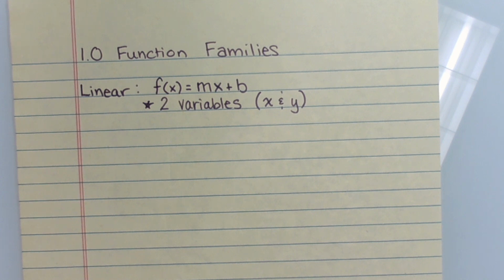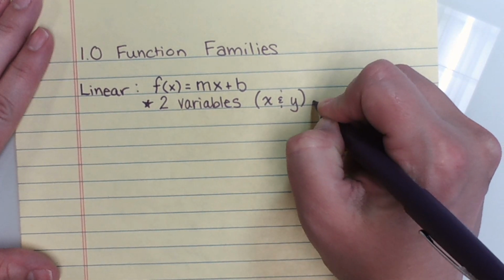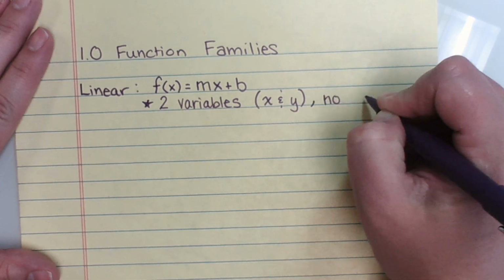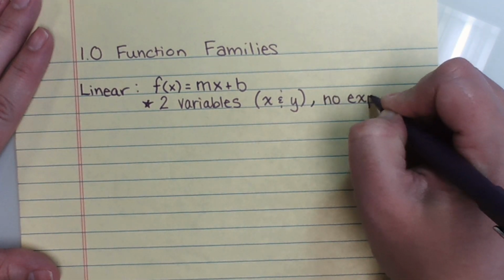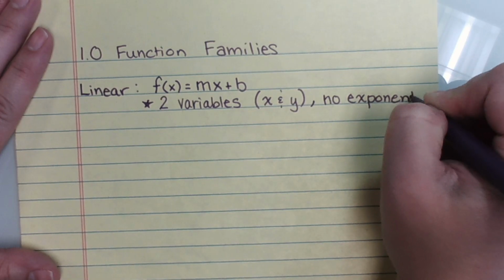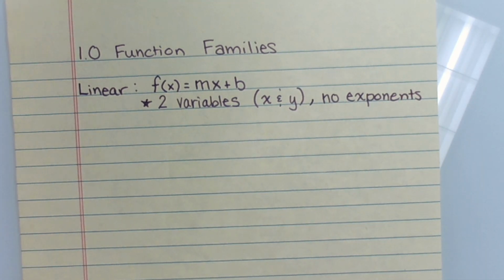Both of them will hit the point 6, 8, but they're 2 different equations. They're both linear because they have those 2 variables, but specifically, it's 2 variables and there's no exponents involved. If you're wondering about the M and the B, those are just placeholders for numbers.